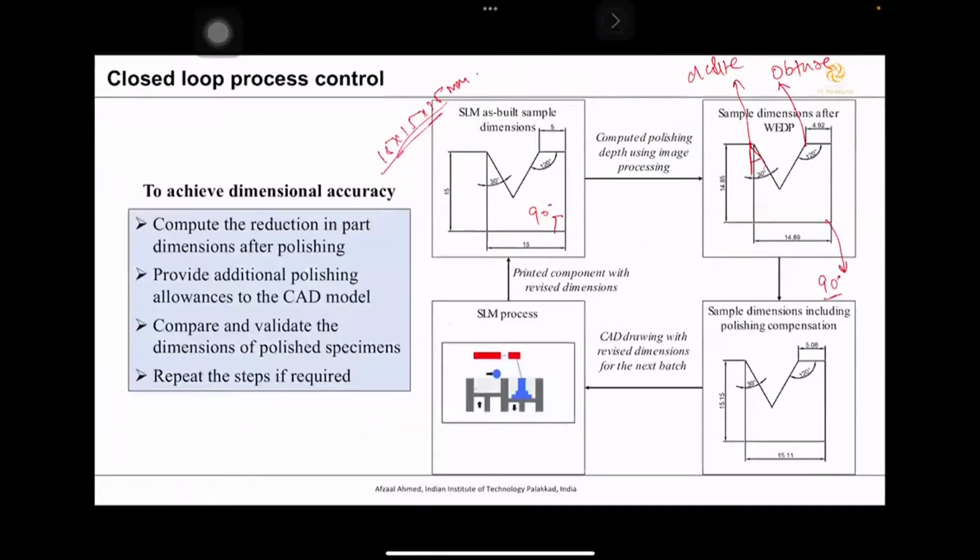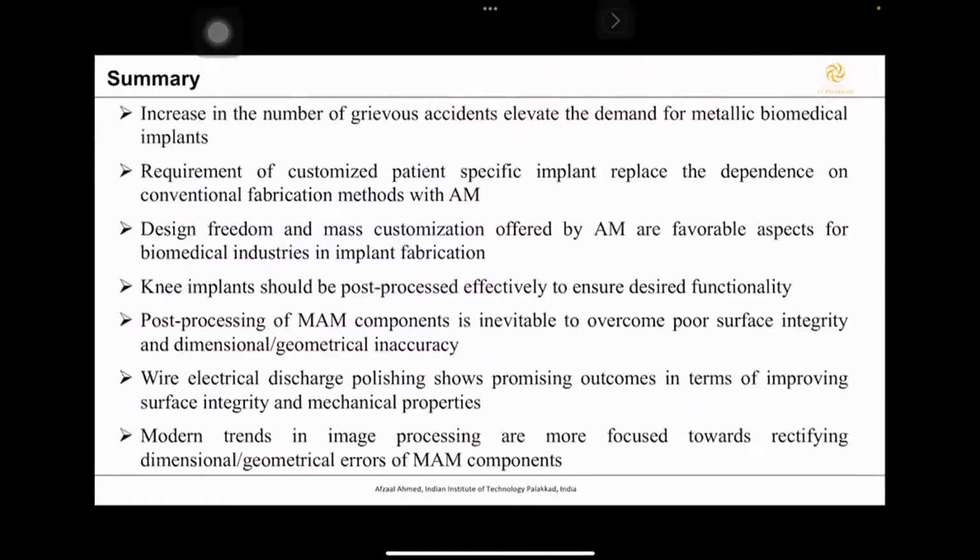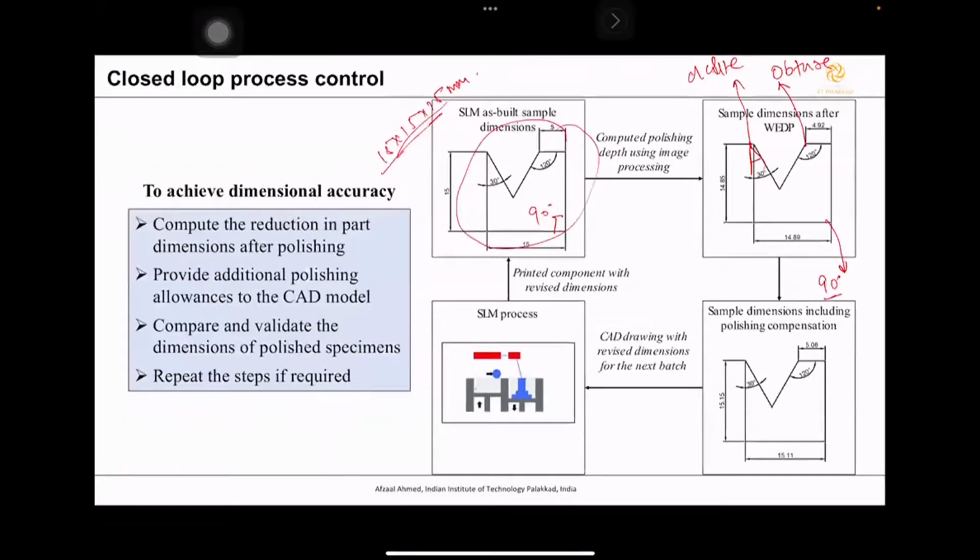Now what we'll do is add these values to the existing CAD drawing of this particular sample, which is 15 by 15 by 15. We'll add these compensation values to the CAD drawing of this model, and then we can incorporate this into the next printing cycle.